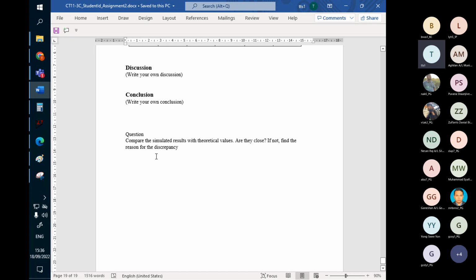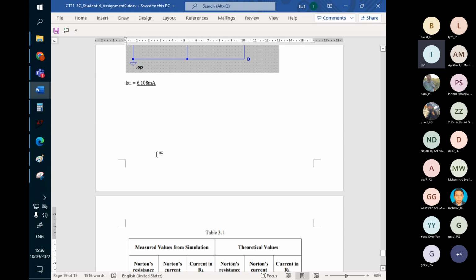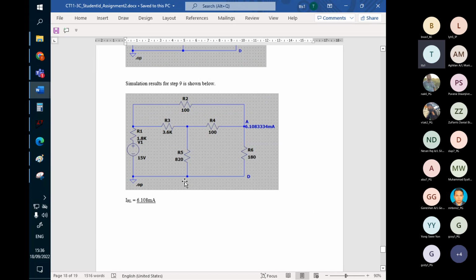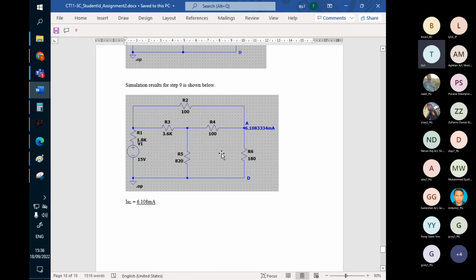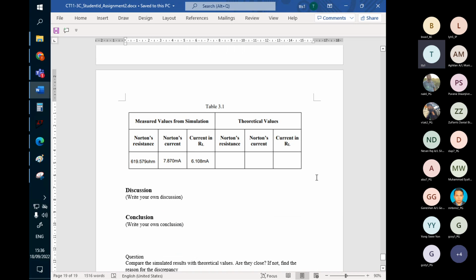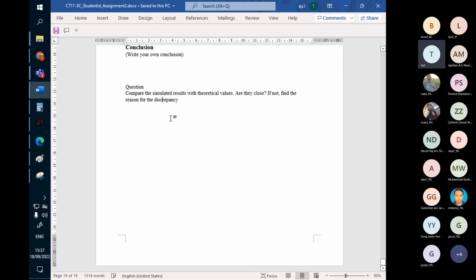Okay, that's it for question 3. Remember, you still have time until November. So wait until you have sufficient knowledge to solve this problem, then come back and solve for this theoretical value. We don't expect you to complete everything today.